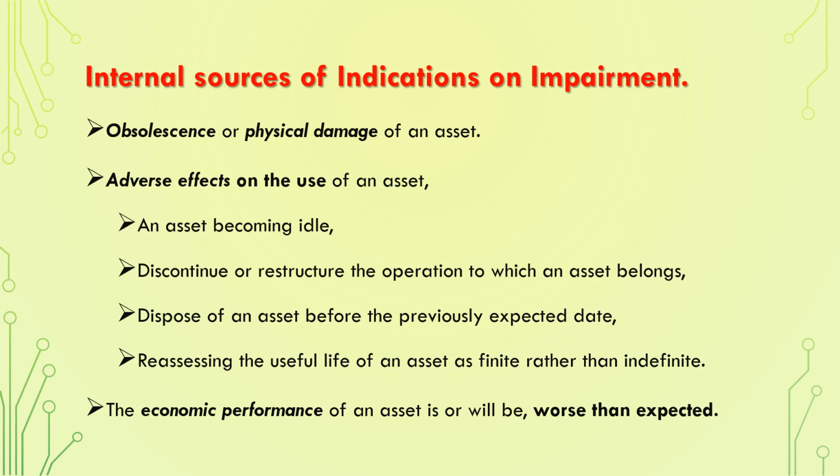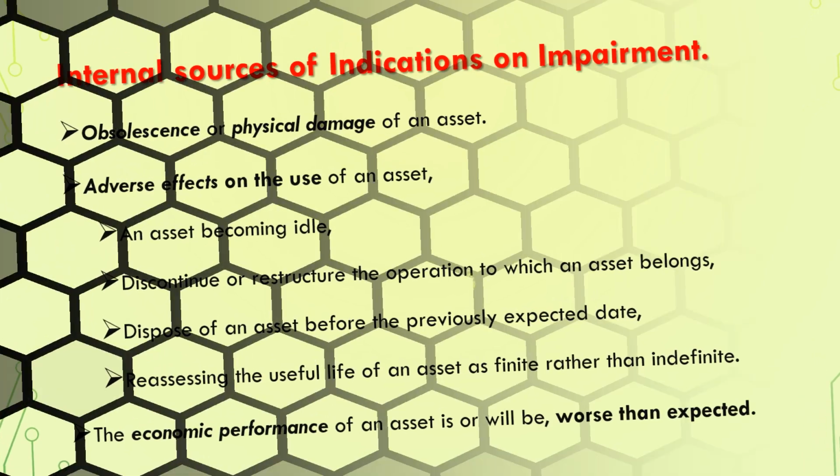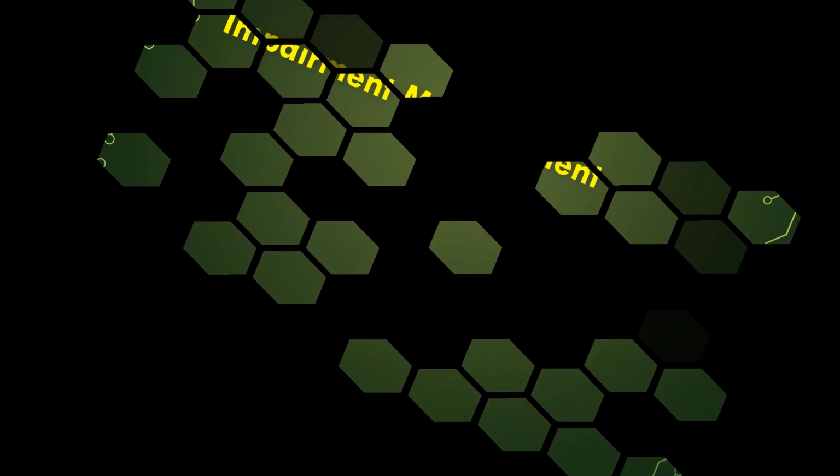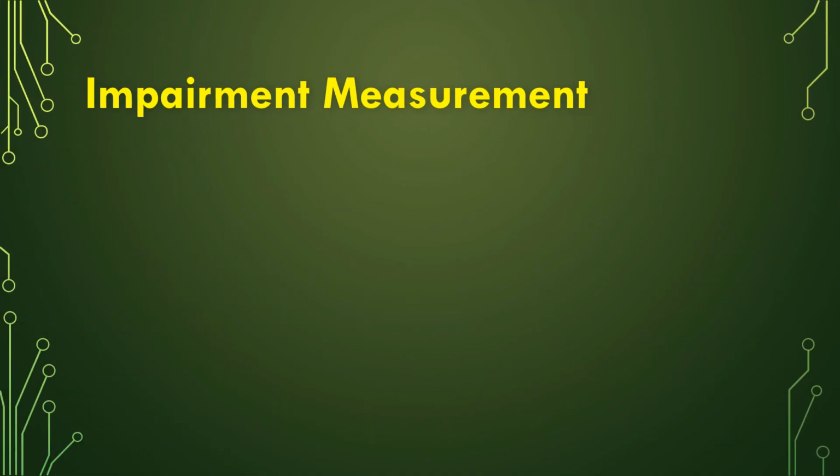If there is evidence available from internal reporting that indicates that the economic performance of an asset is or will be worse than expected, then they tend to impair the asset. Let's look at the impairment measurement. There are two tests performed to determine the amount of the impairment loss.